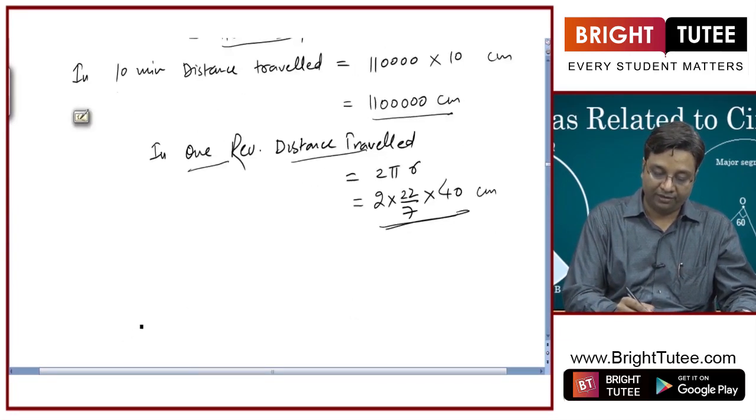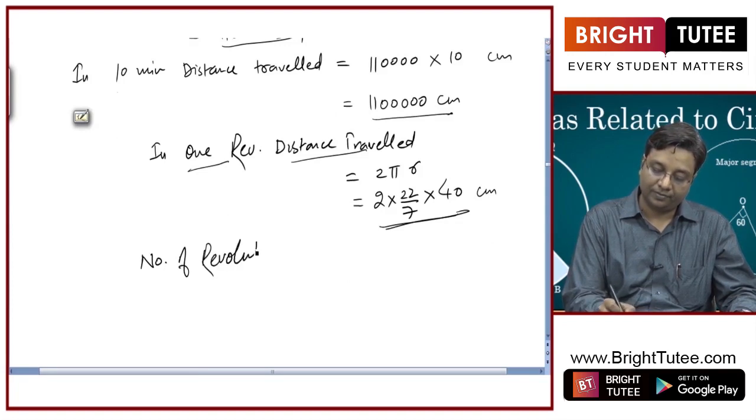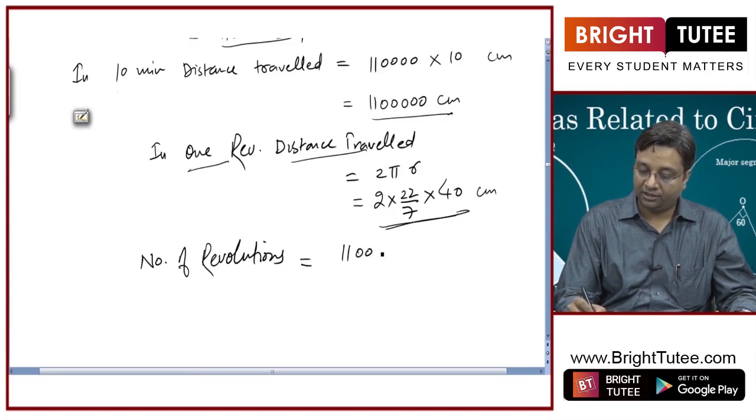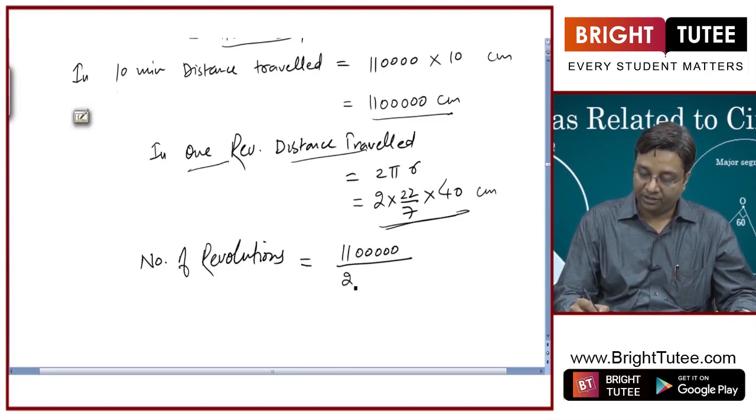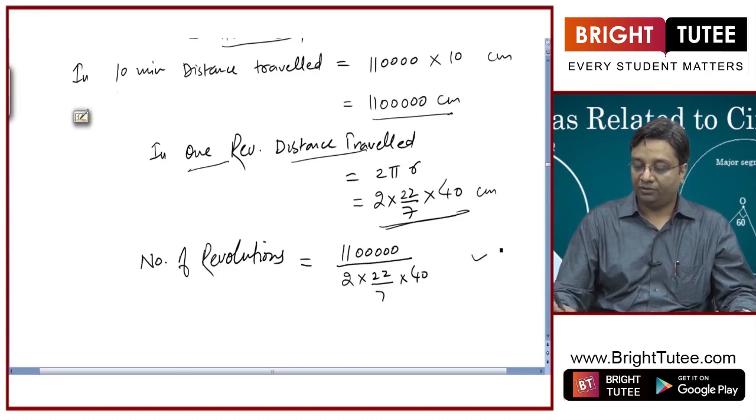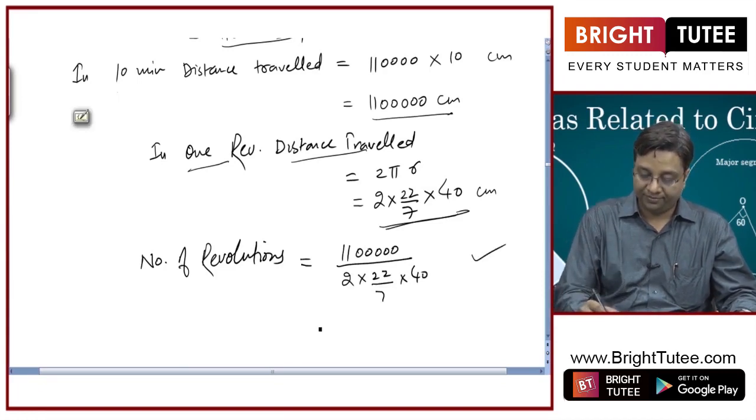So, number of revolutions will be equal to this total distance in 10 minutes divided by the distance travelled in one revolution, which is 2 into 22 by 7 into 40. Now you have to calculate this and you will get your answer.